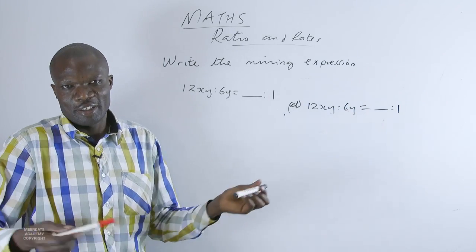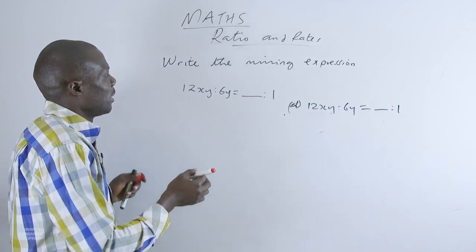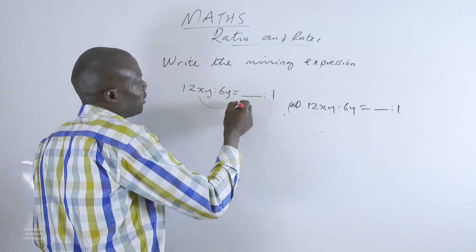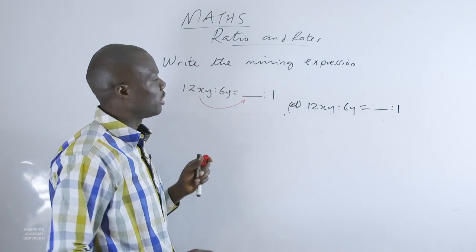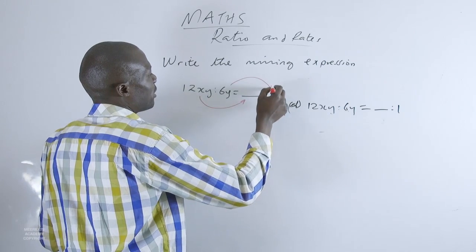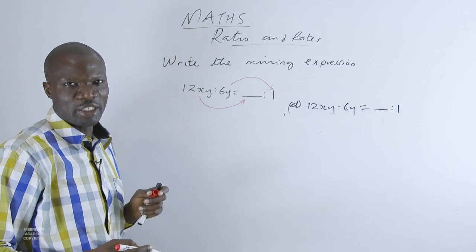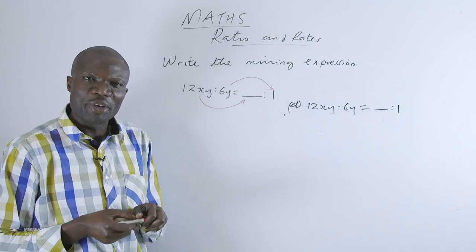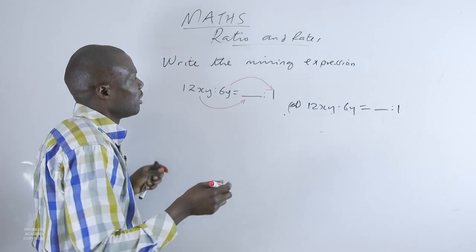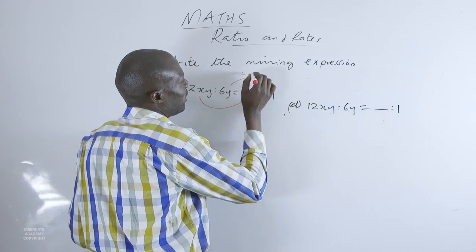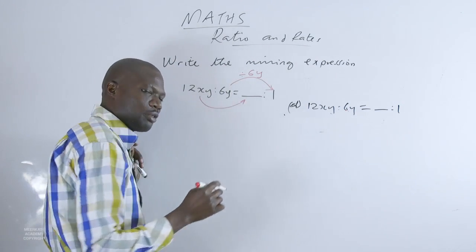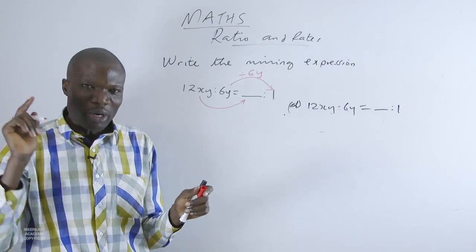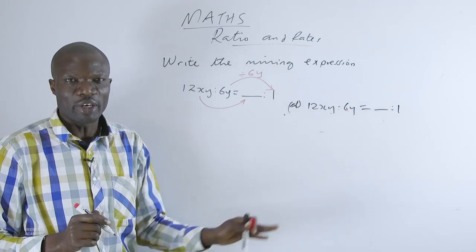Let us take the obvious known. This 12 is to a dash, so we cannot start with it. 6y is to 1. So we are asking ourselves, for us to come from 6y until we get 1, what happened? You find that you divided this. You divided 6y, divide by 6y, it gives us 1. Very good.